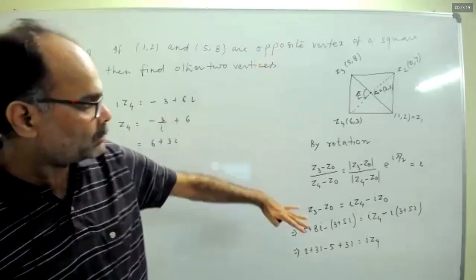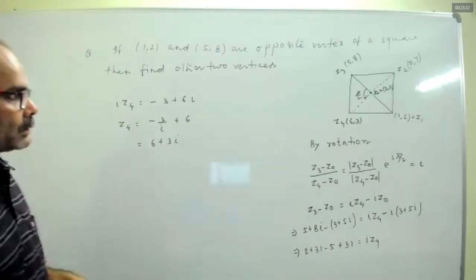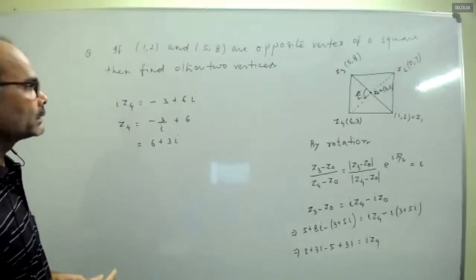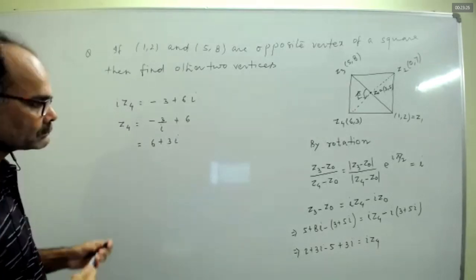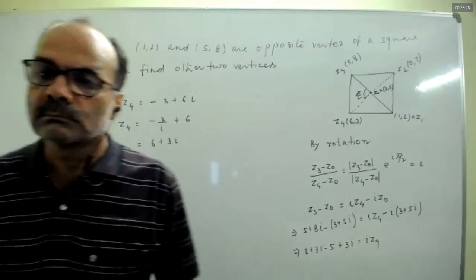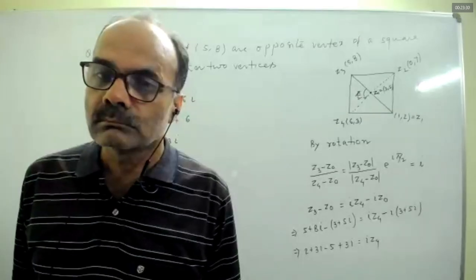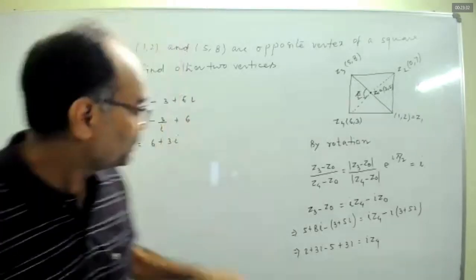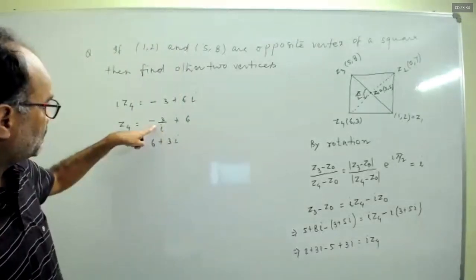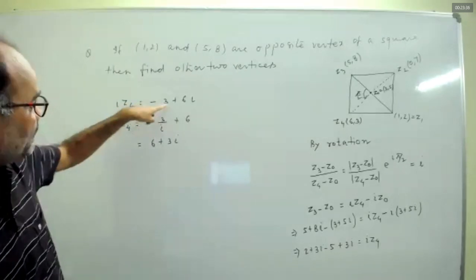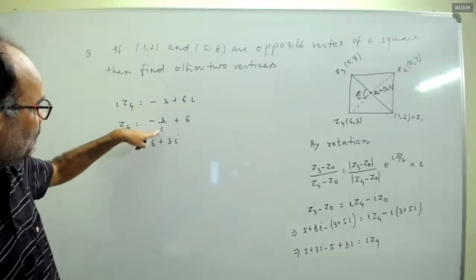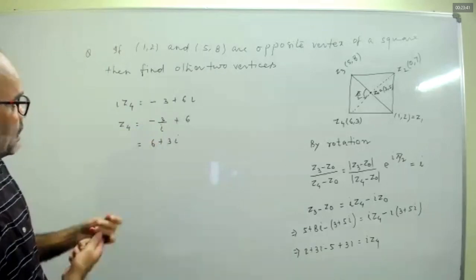Now the same question we'll do by coordinate geometry. Just wait, I will do it and we'll verify. Sir, how are we getting those steps? I didn't understand the divide and multiply by i step. Dividing both sides by i, minus 3 by i. After that, how are we getting plus 3i there?